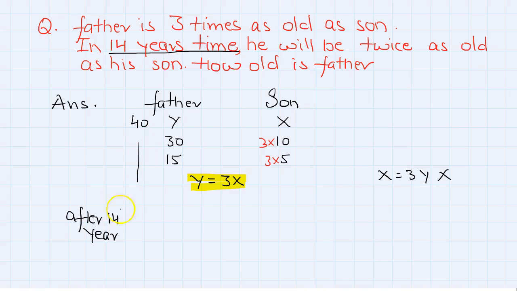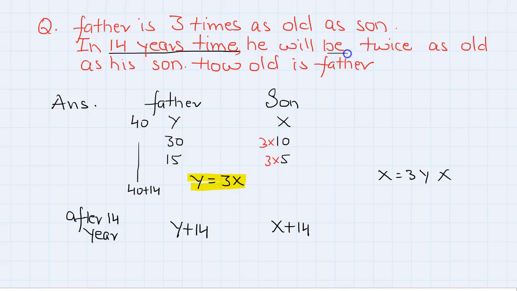After 14 years the age will be 40 plus 14. So the age will be y plus 14. That is the age of the father. And the age of the son will be x plus 14. So this is the age of the father and son after 14 years.